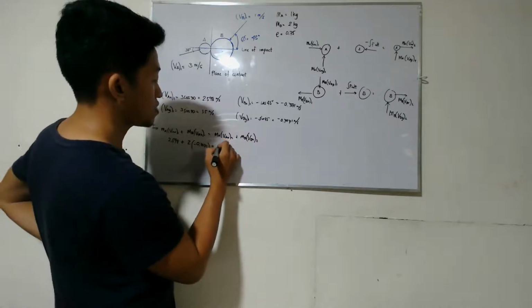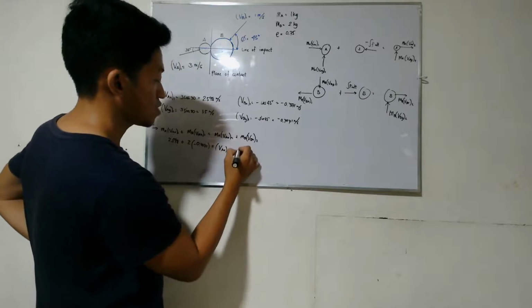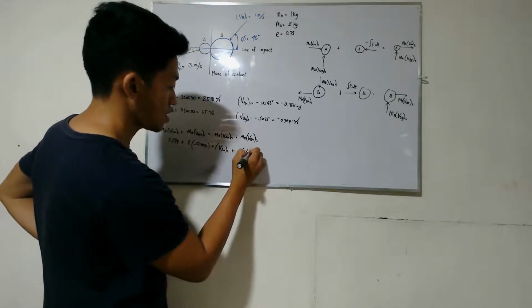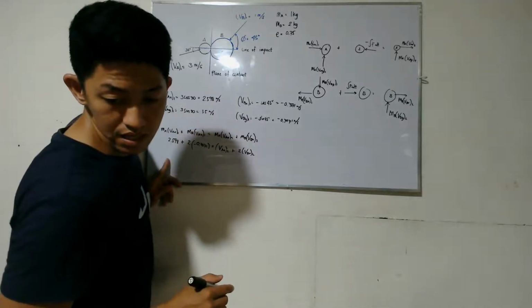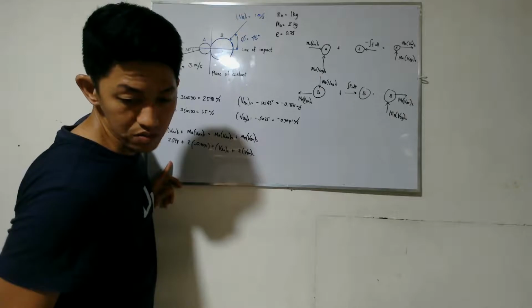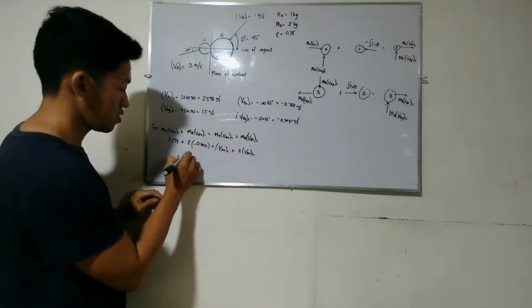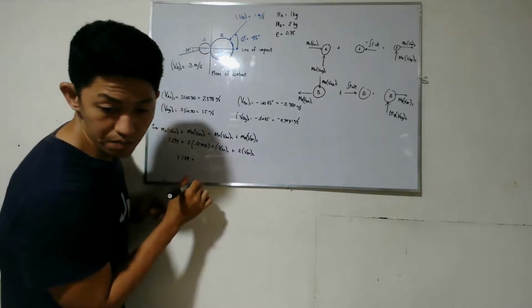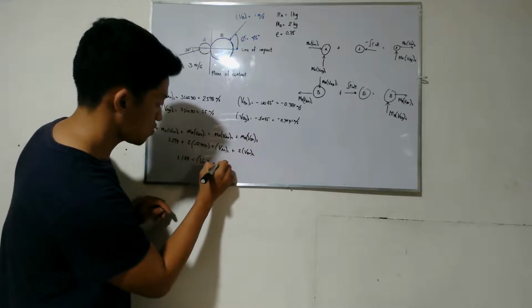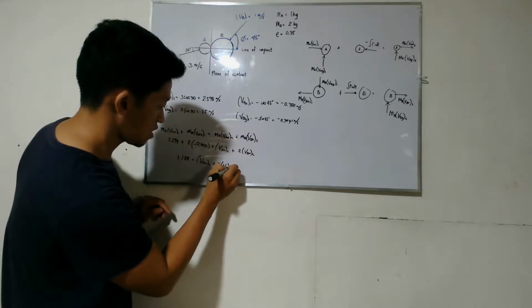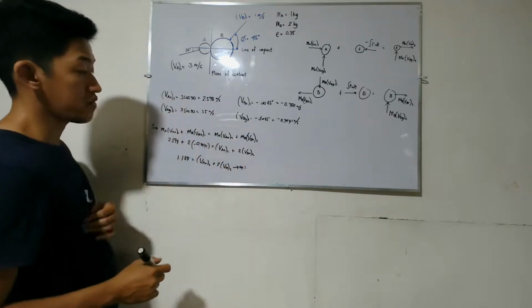And then this is 1 times VAX2 plus 2 velocity VBX2. So the equation for this one will be 1.184 is equal to VAX2 plus 2 velocity VBX2. This is equation 1. So we need to find another equation.